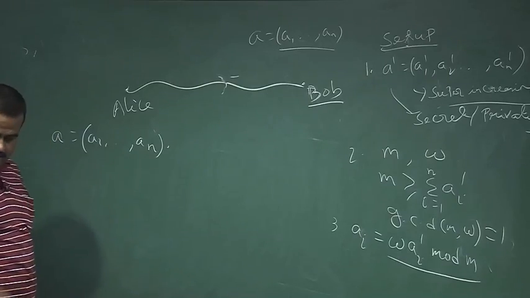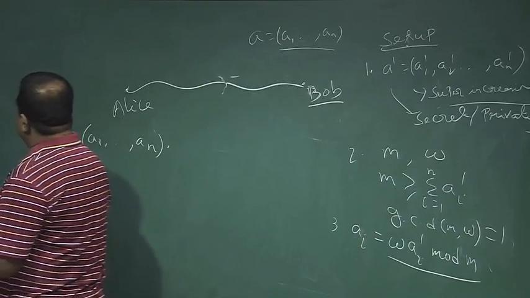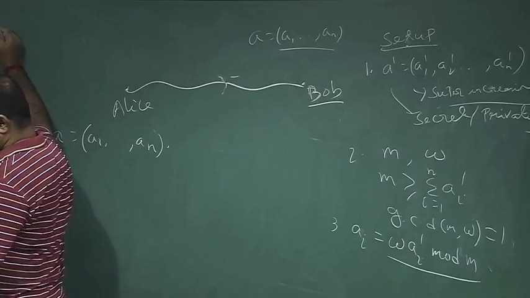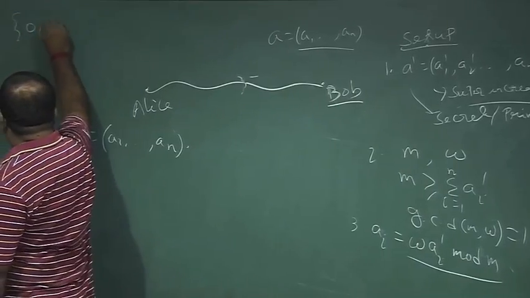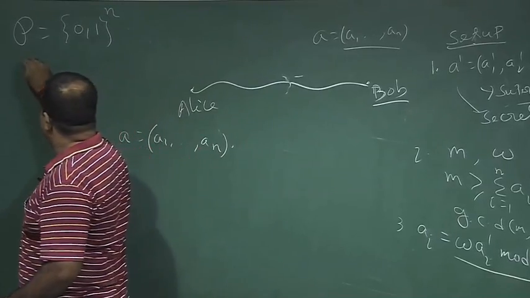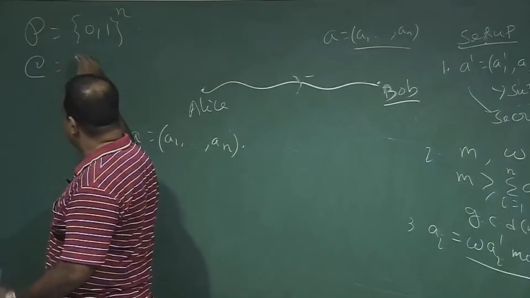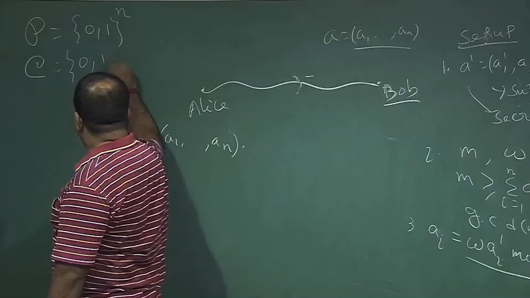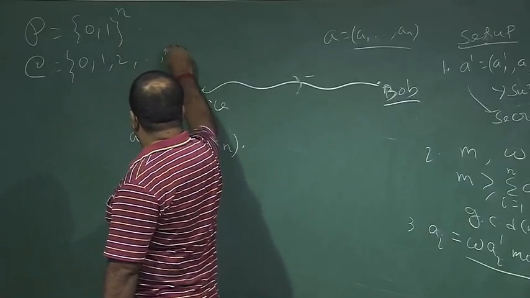Now here the plain text space is n bits, and the ciphertext space is mod M, so it is a number between 0 and n times (M minus 1).